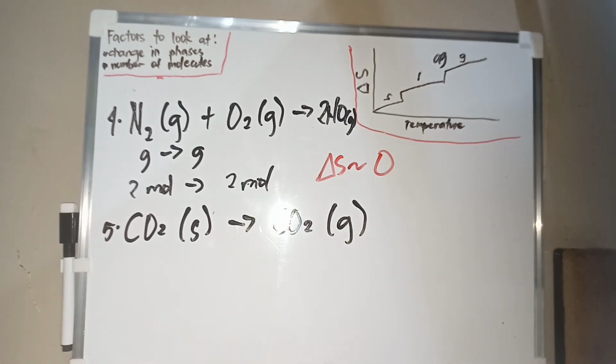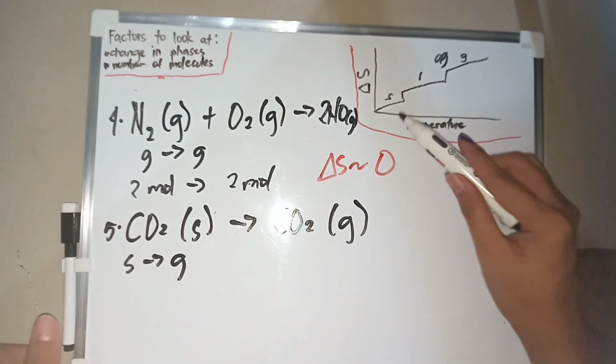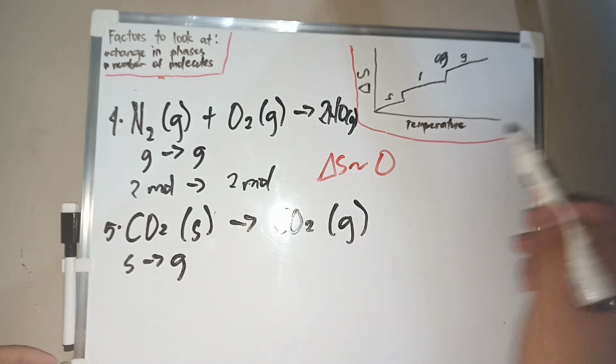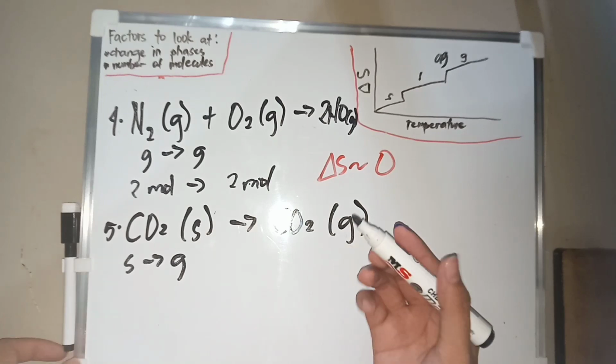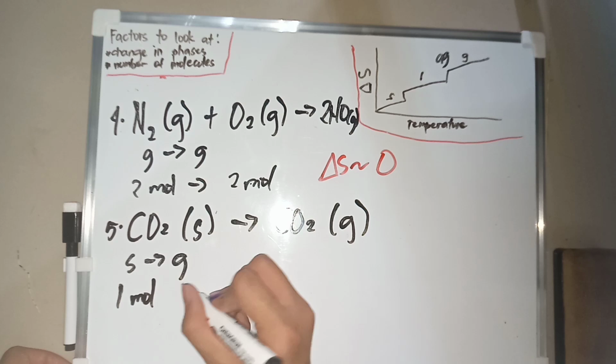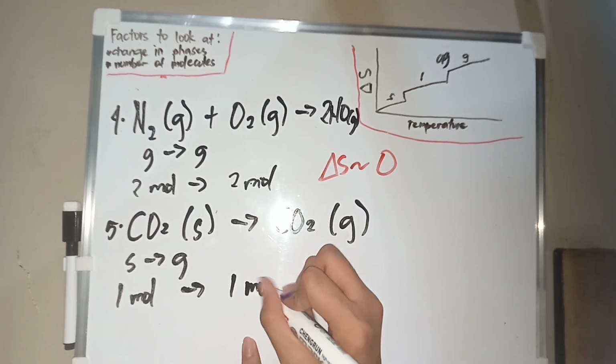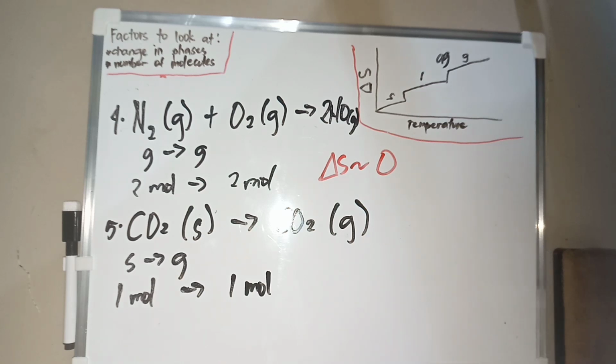So number 5, in our change in phases, we have solid to gas, which means that it will increase in entropy, but we have to look at the number of molecules as well. We have 1 molecule for our reactant and 1 molecule for our product.